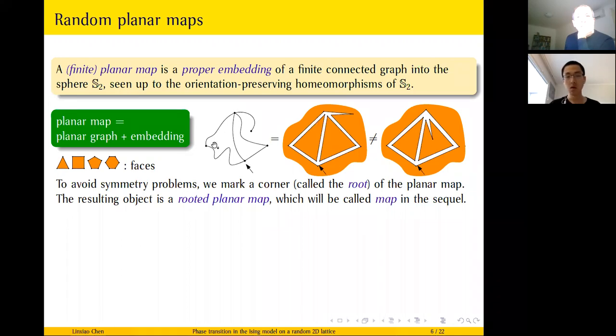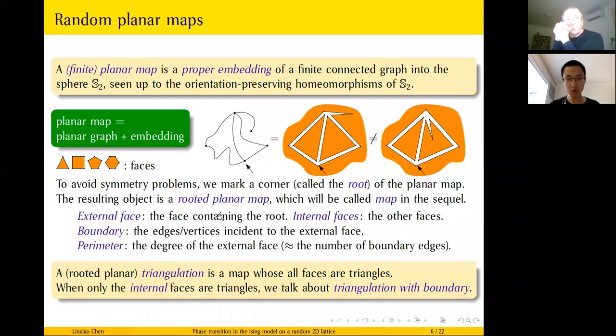And by convention, we'll always draw this marked corner on the outside of the picture. And the planar map with this marked corner is called a rooted planar map. But in the following, I will just say map instead of rooted planar map.